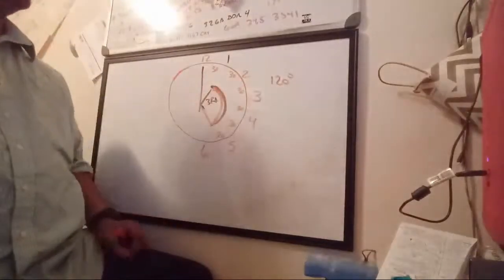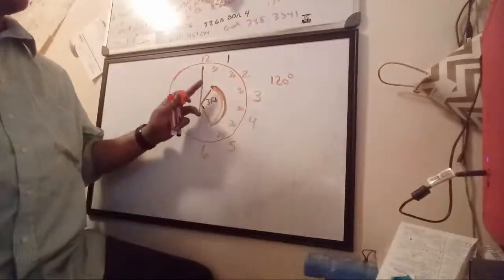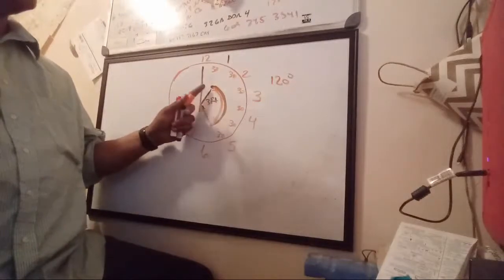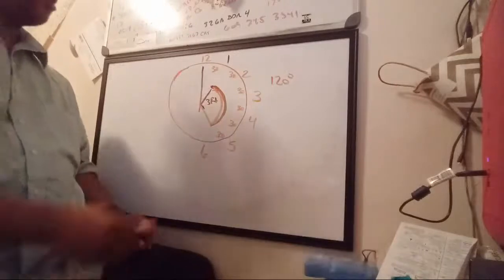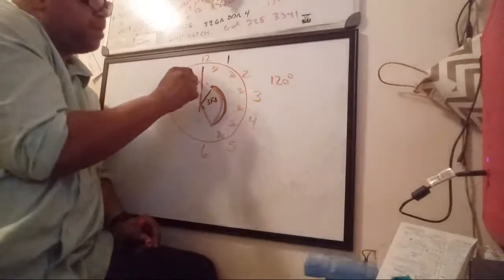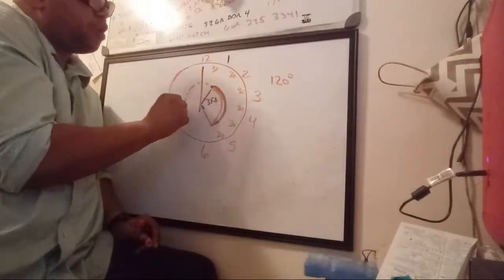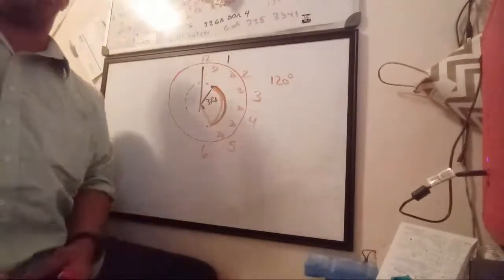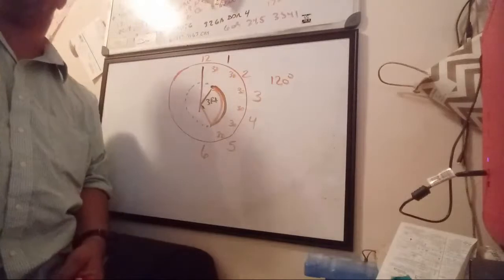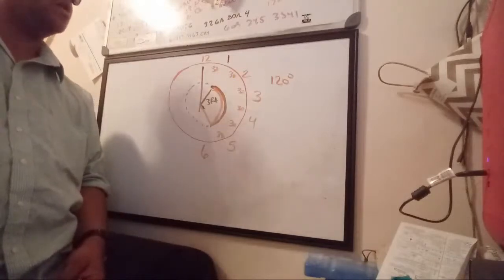Instead of figuring out how much distance this thing moves, which would be hard to calculate, I'm going to figure out what it is for the whole circle and then divide by 3. Why am I going to divide by 3, guys? Anybody answer? Is that the amount of feet long?